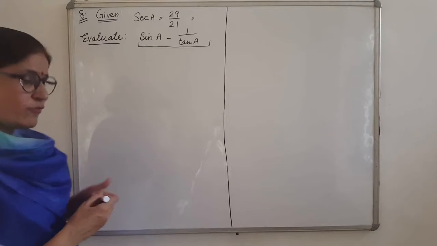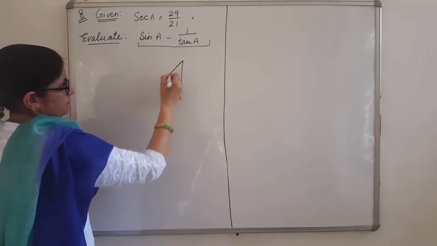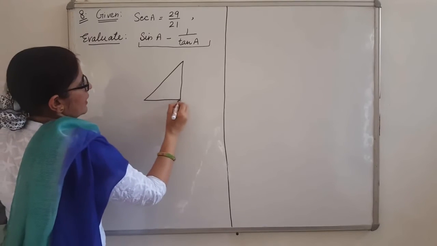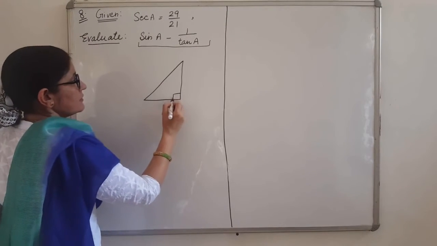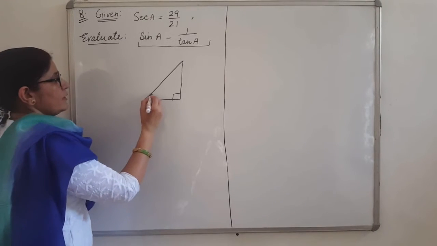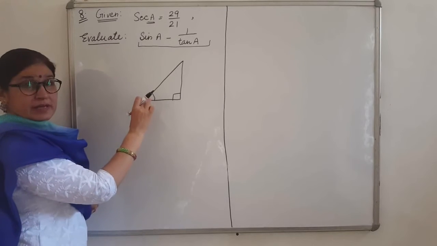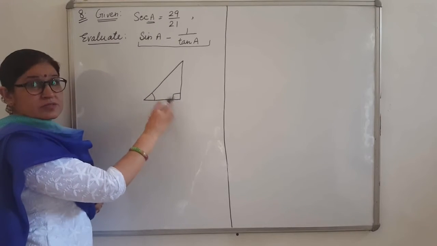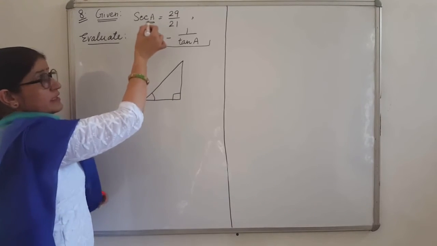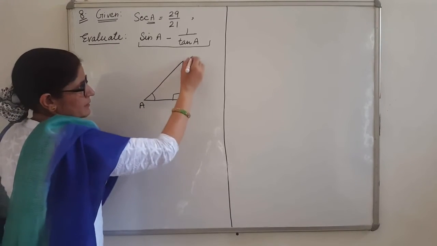So first of all, we draw a right angle triangle, and this is 90. But you have to use this A as an acute angle. You can't take the right angle, because these are acute angles. So A, B, C.